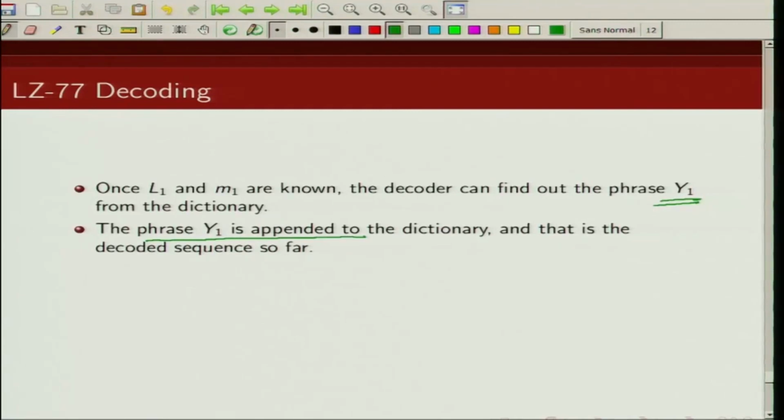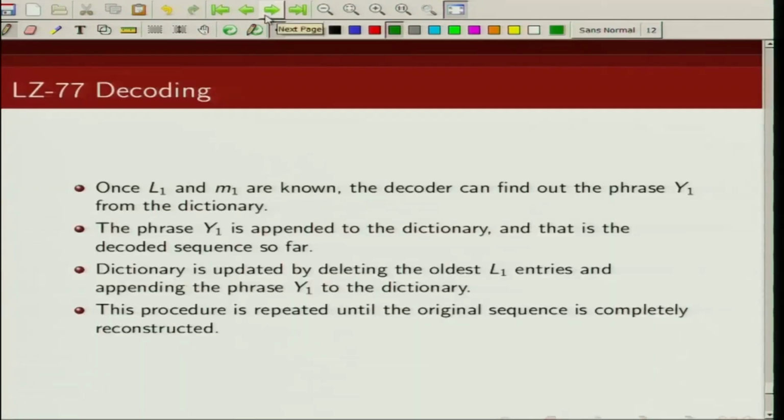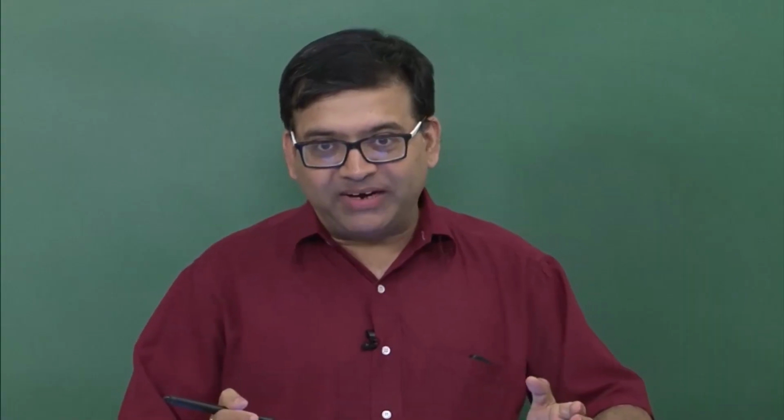So my new dictionary will have this Y1 string appended, and the old L1 bits removed. Next, the dictionary is updated by deleting the oldest L1 entries and appending the phrase Y1 to the dictionary. So that is my new dictionary. Now I have my dictionary.